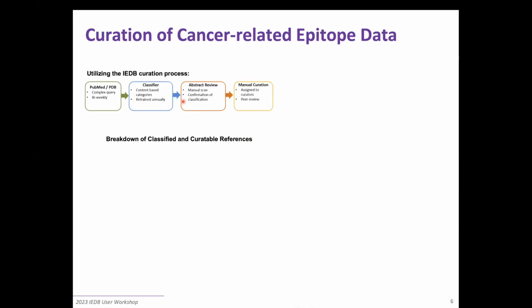As a next step, this classification and also the papers themselves are manually reviewed to see if the data is really usable and if it should be curated. And if the paper is deemed curatable, it will be assigned to a curator to go through the paper, extract the data, and put it into CEDAR.